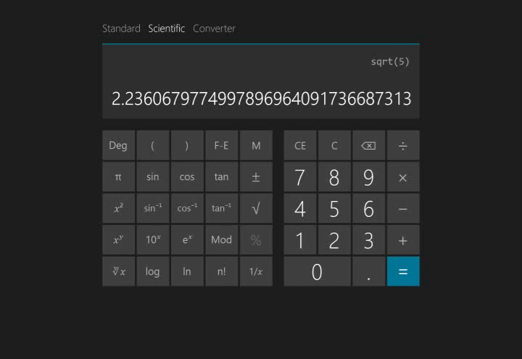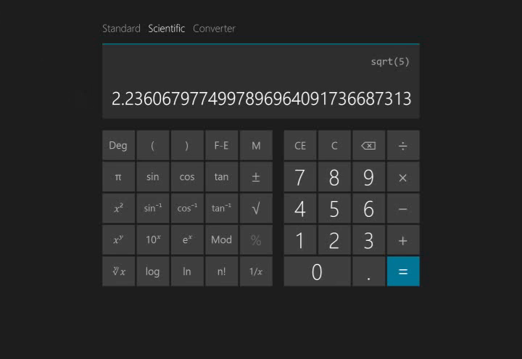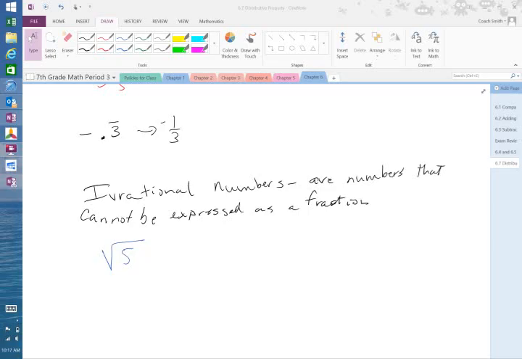So that gets us back to irrational numbers. Some people will say this differently.